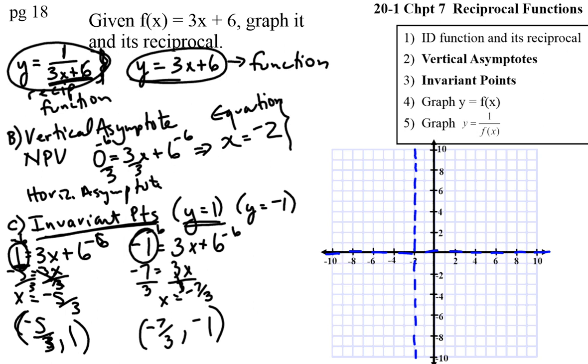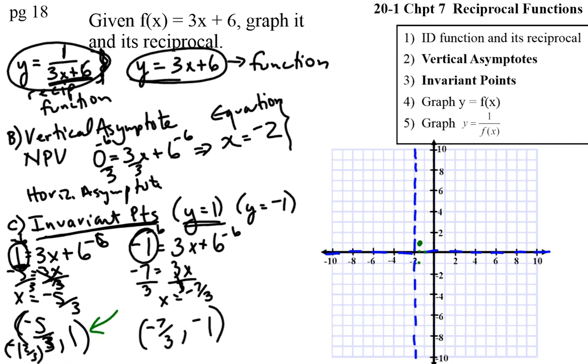Now, negative 5/3, I have to graph that. Let's put it into easier terms. That would be negative 1 and 2/3. So at negative 1 and 2/3, we're at positive 1. There you go.